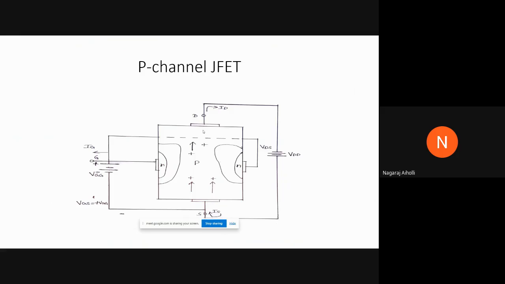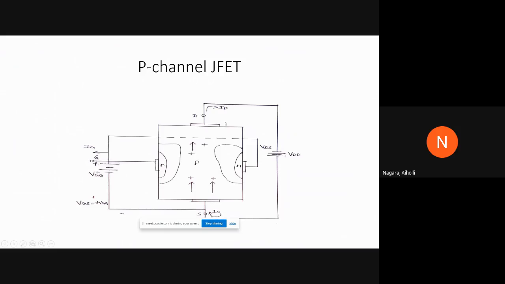So the current in the P-channel JFET is due to the holes that are present in the P channel, and it repels the negative charges. As it repels the negative charges, the width of the depletion region decreases. Here, the negative terminal of VDD is repelling the negative charges of the N layers, so the width of the depletion region decreases.